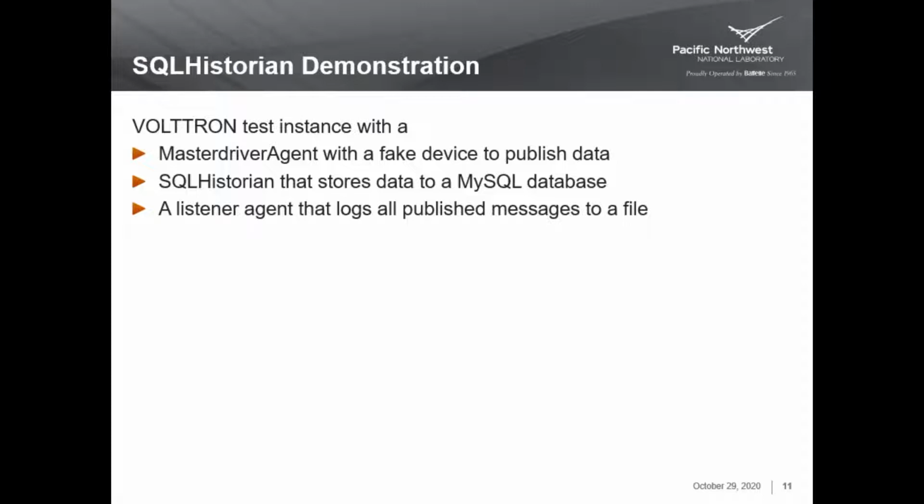Two, a SQL historian that stores data to a MySQL database. Three, a listener agent that listens to all topics on the message bus and writes the data to volttron.log. The listener agent provides a convenient way for us to see what messages get published and make sure that the right data gets into the data store. So let's get started.